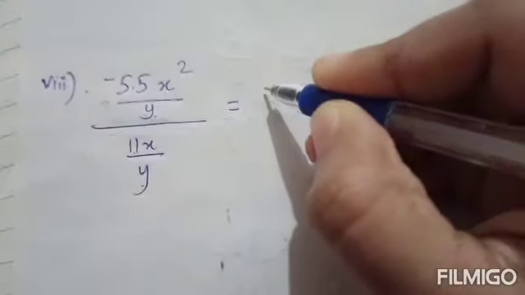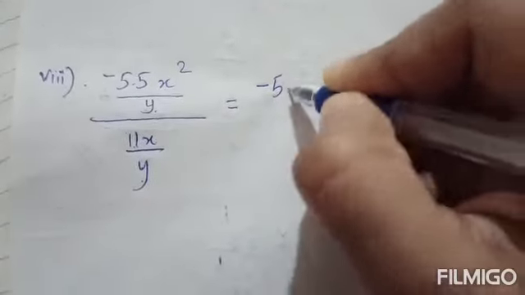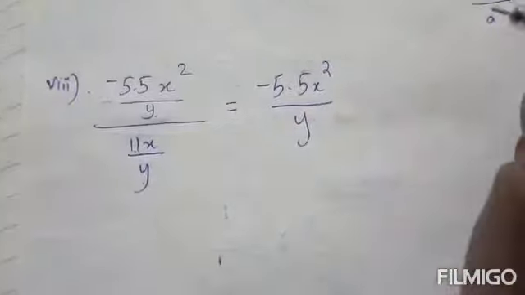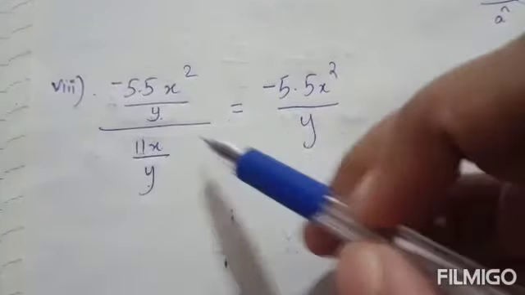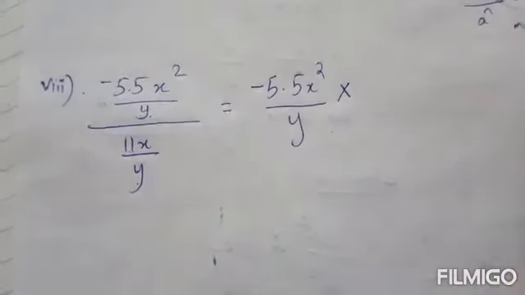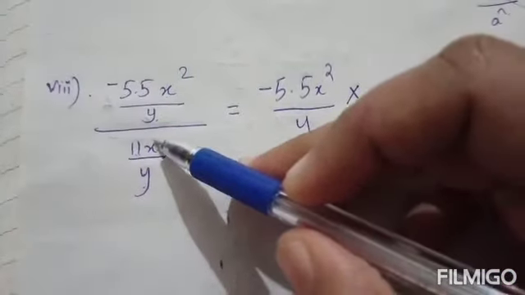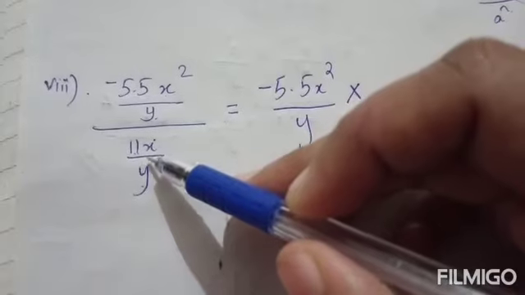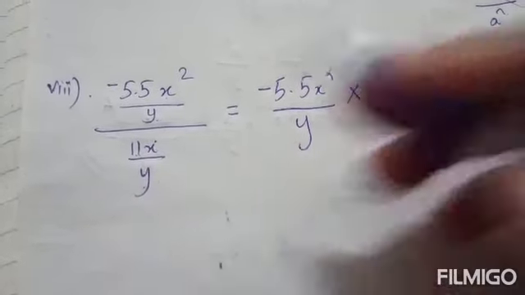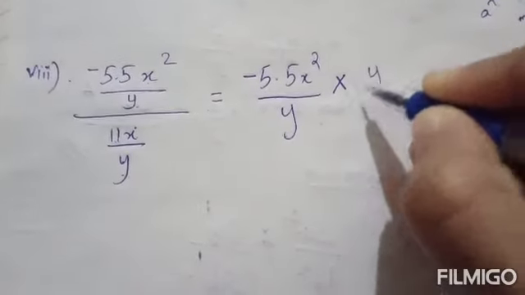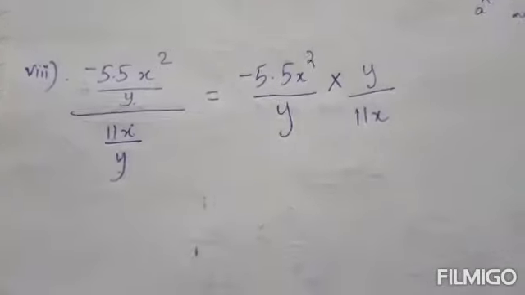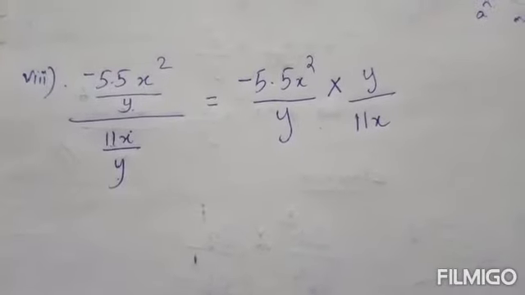So first write the numerator, minus 5.5 x square by y. Now, the division sign is replaced by the multiplication sign. Then you need to write the reciprocal of the denominator. So the reciprocal of 11x by y is y by 11x. Okay, this is the division of fractions.